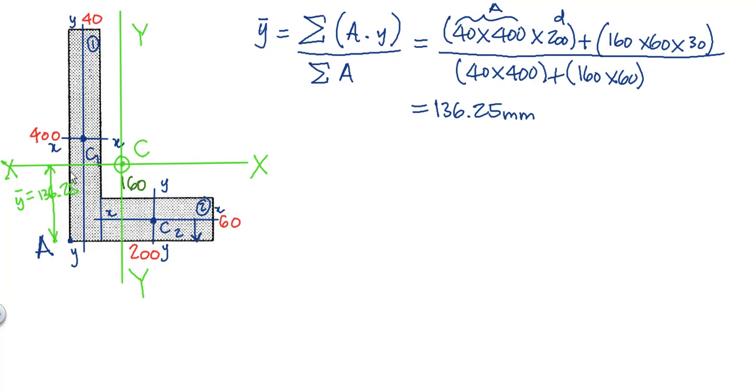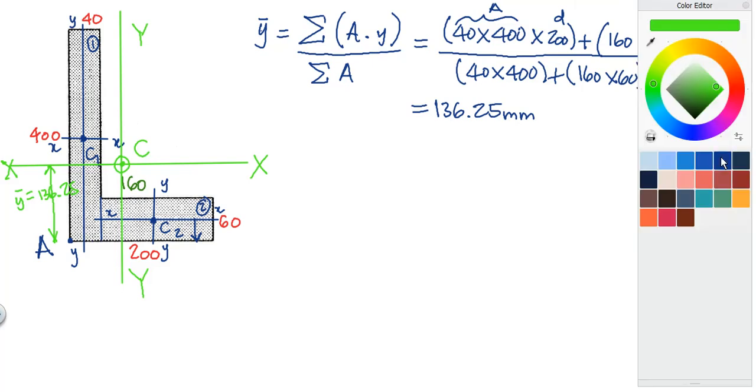Are we done? No, we're not done. We know how far that axis is from here, but we don't know how far the y axis is from over there, and that is what we're going to work at now. Right, let me just get this back here.